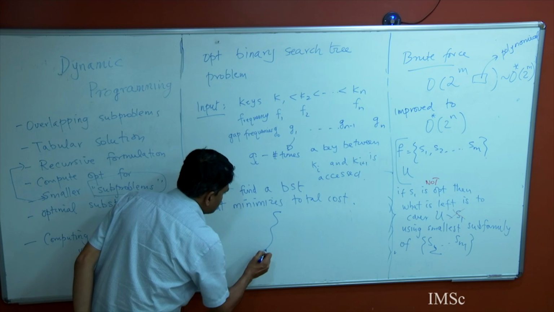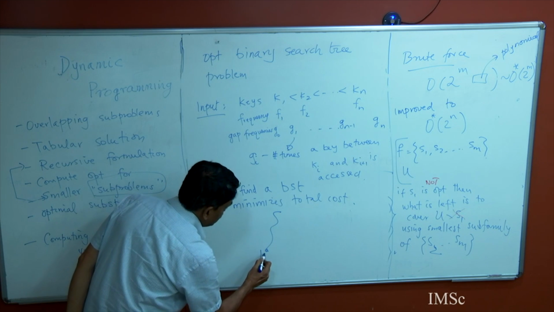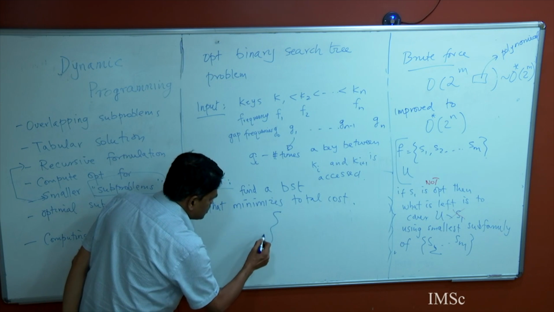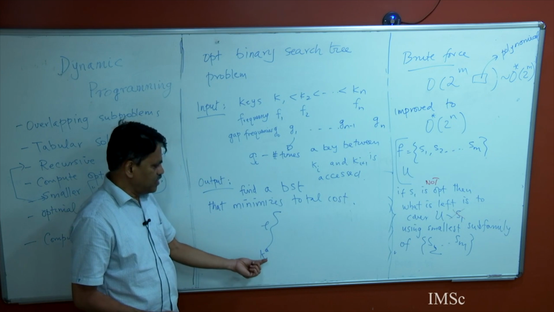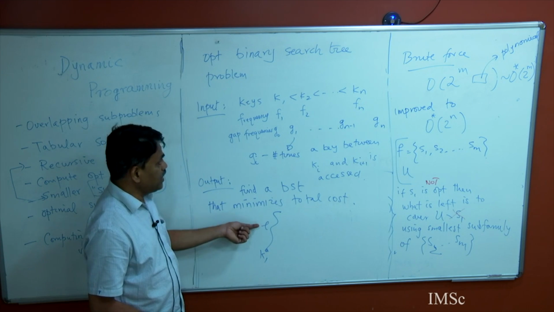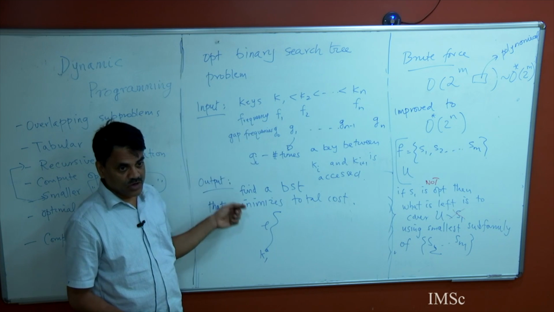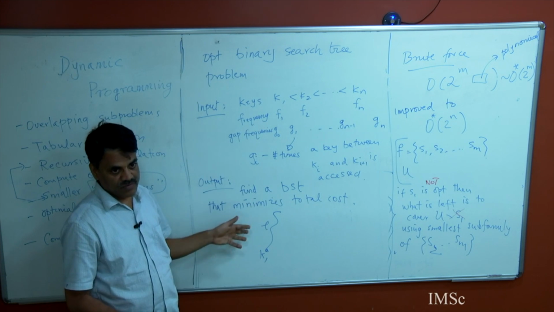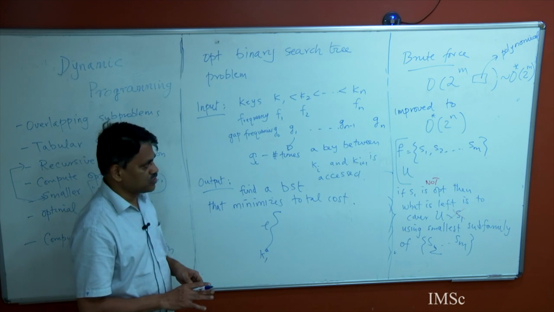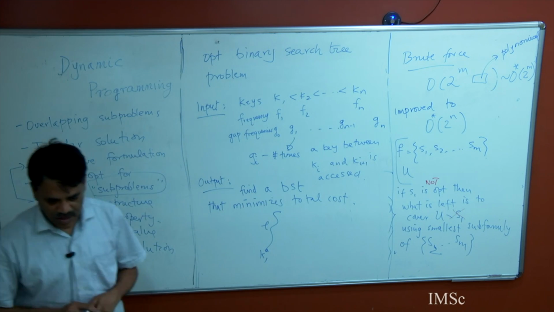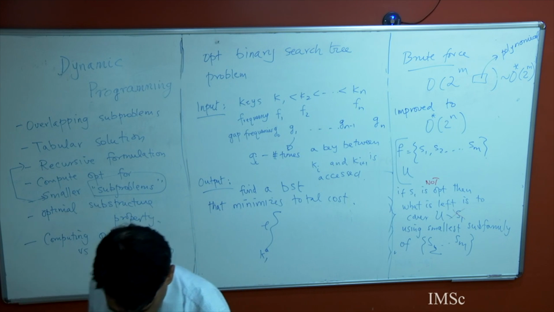If in your binary search tree K1 is at a distance of L from the root, then the cost to access K1 will be L times F1, because you are going to access K1 F1 times. So you add all this cost and you want to minimize it. Let us see a quick example which I just made up.